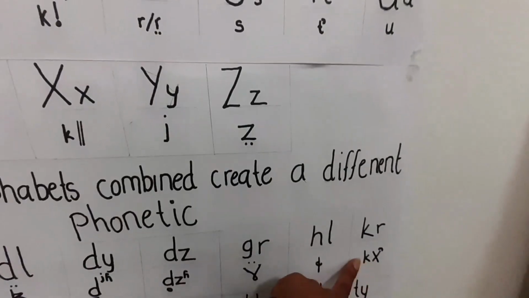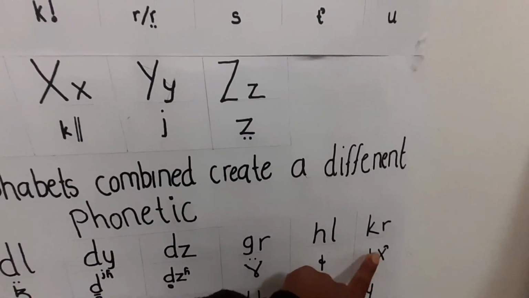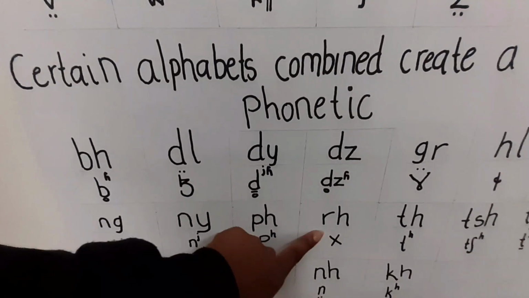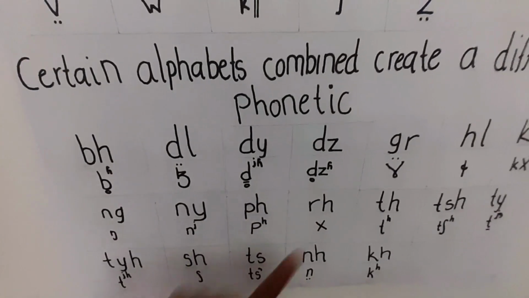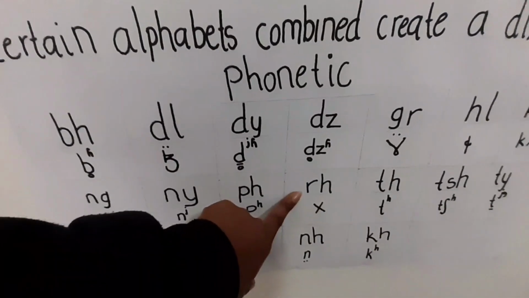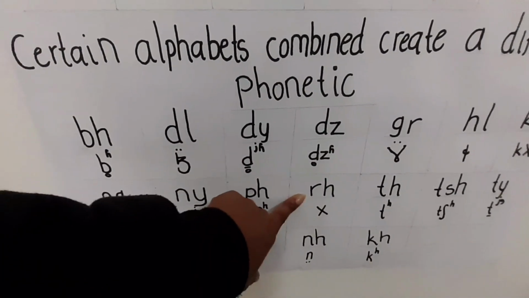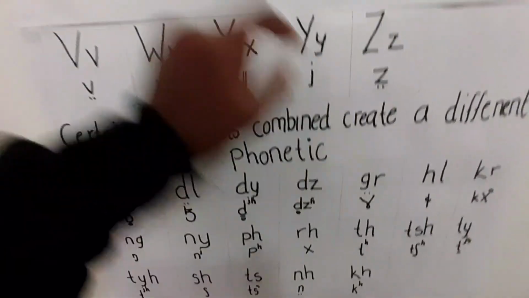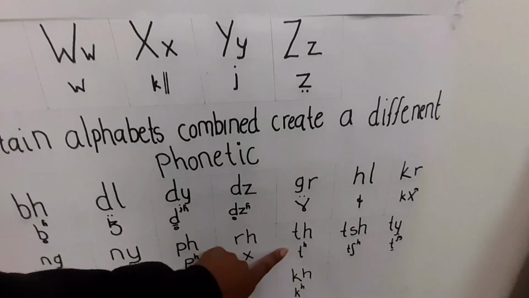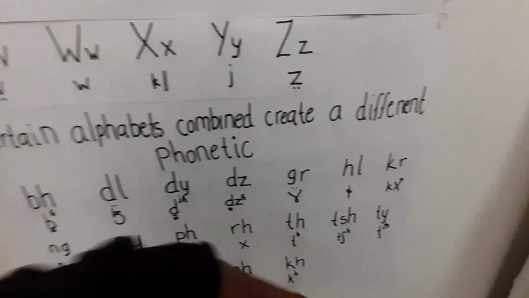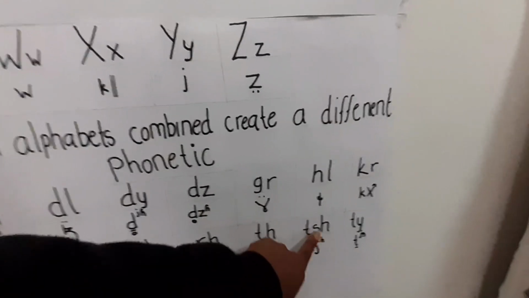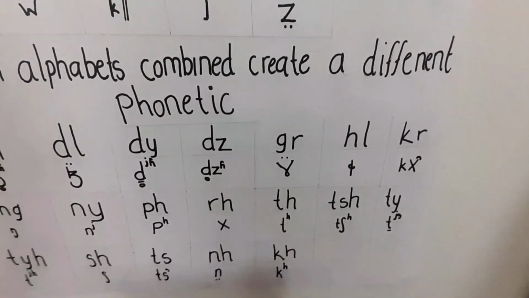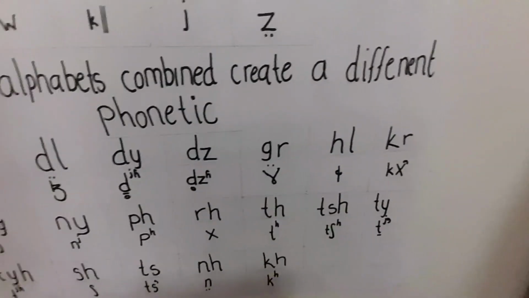So this is quite dry and hard, like how in Afrikaans you'd pronounce the G. Yeah, it's RH in IsiXhosa. Then TH, so instead of the dry t, it's th. The H must be present. Then we have TSH. This is what the phonetic looks like, and that is ch when pronouncing it.